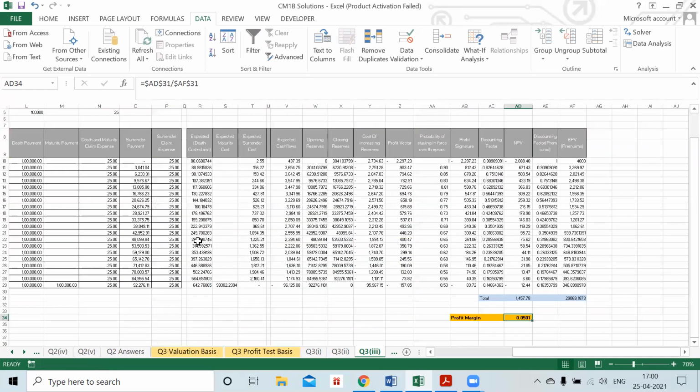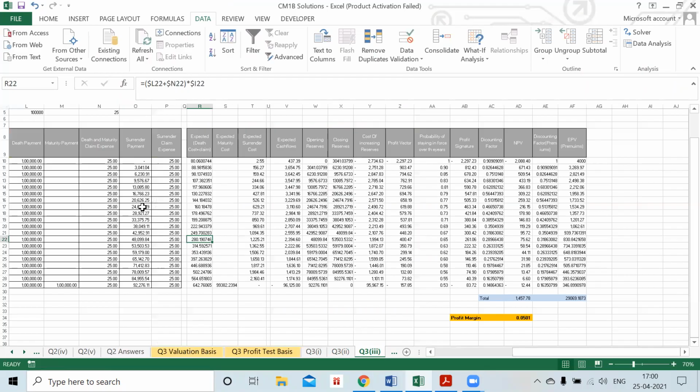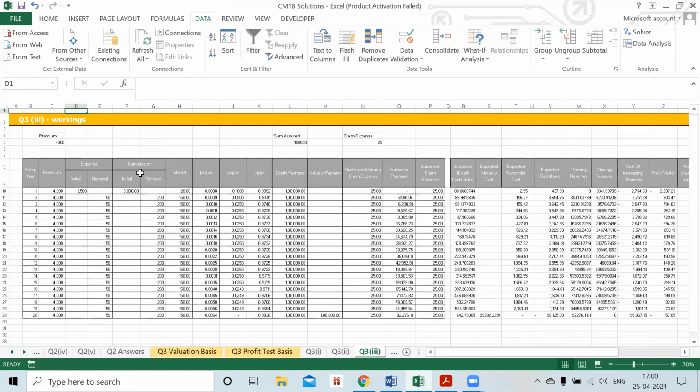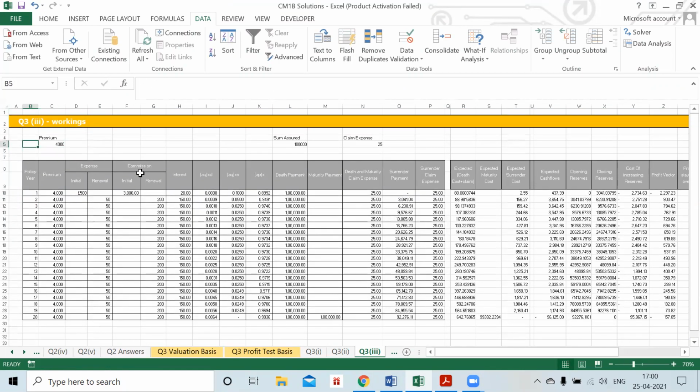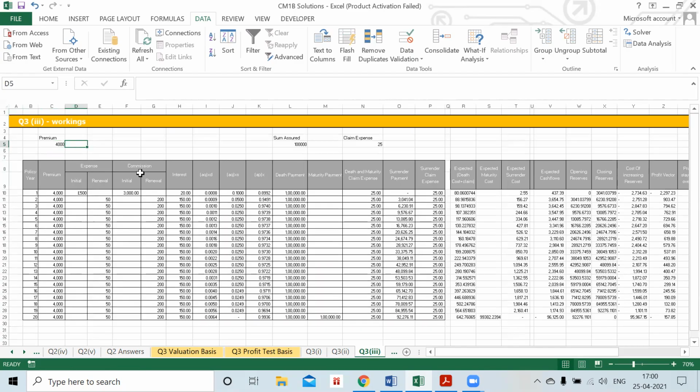Okay. Very direct. Last, the profit margin of the policy. The maximum marks part, which contains a lot of formulas. So a premium of 4,000 is being paid, sum assured of 100,000, claim expenses of 25, initial expense of 500, renewal expense of 50, initial commission is 75% of the premium.